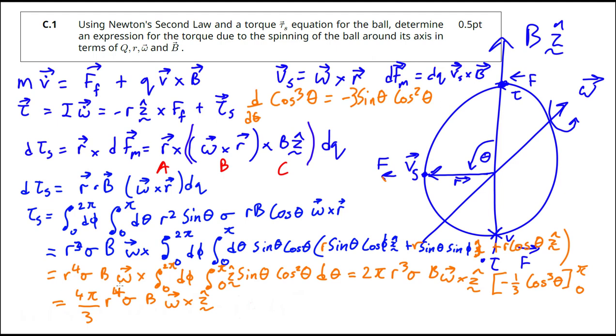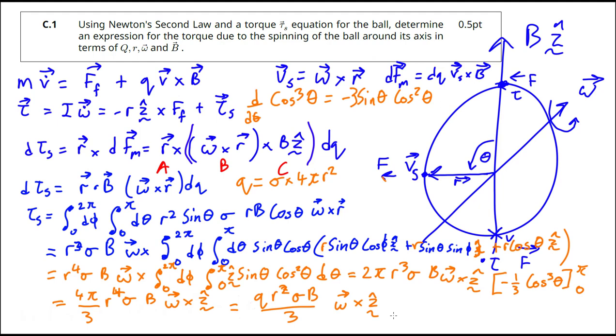And then, notice, because I had sigma as my charge density, but the total charge, which I'll just call Q, is going to be equal to the charge density multiplied by the surface area of the sphere, which is 4 pi r squared. So in this particular case, I can make that substitution back for Q to get my answer of Q r squared sigma b omega cross z.